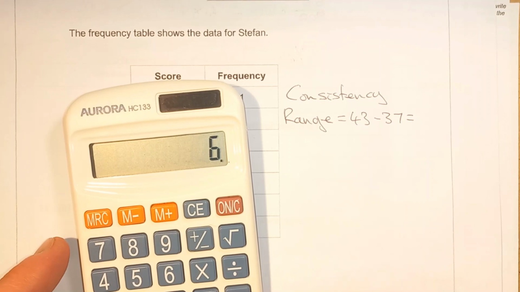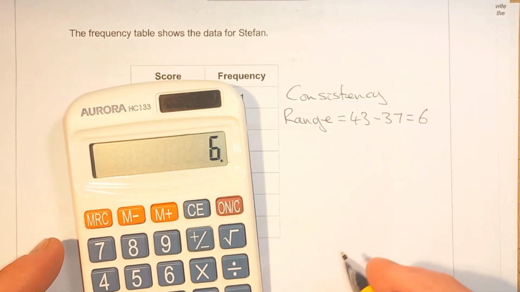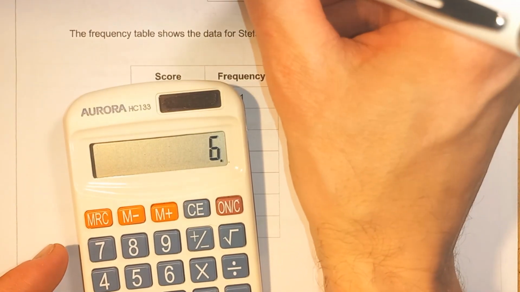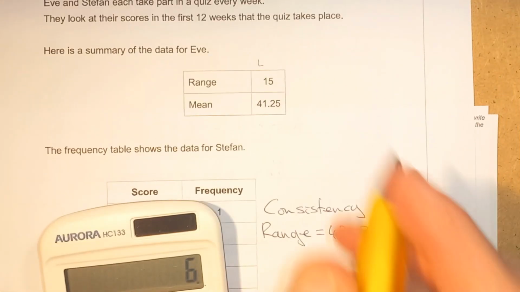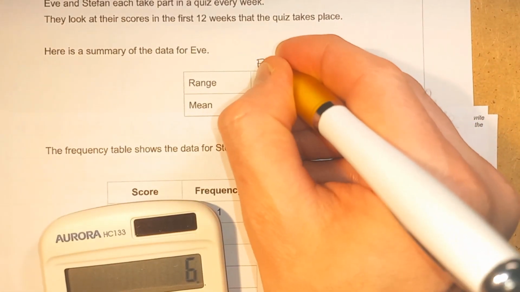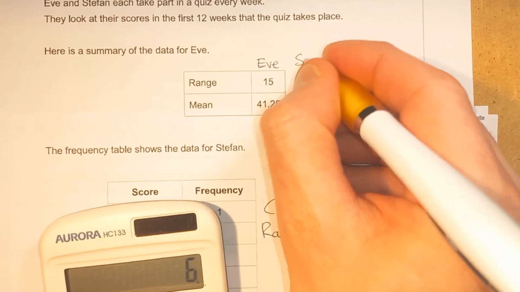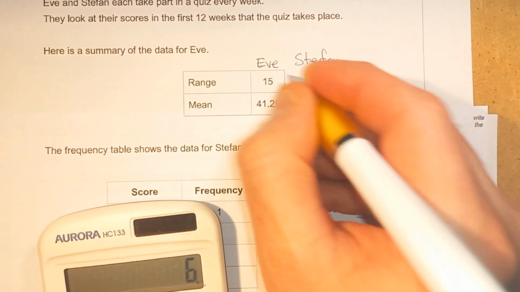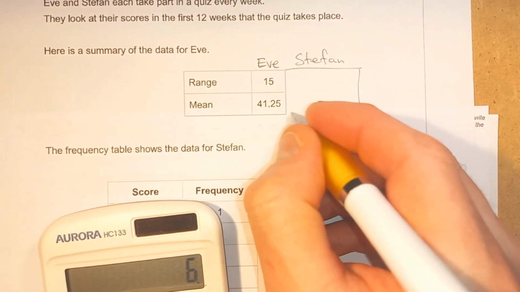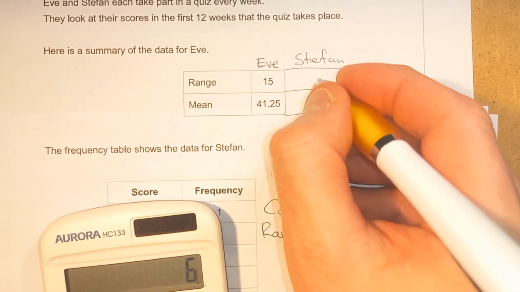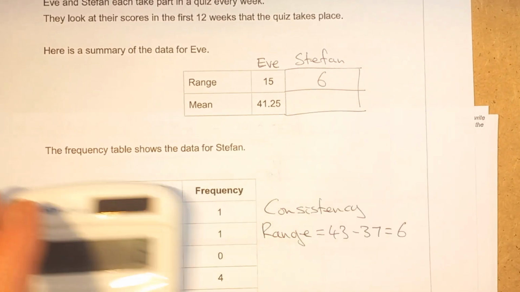So 43 minus 37, we get a range of 6. I'm going to put up here to summarise our values. Those are Eve's scores. Extend our table. He's got a range of 6.